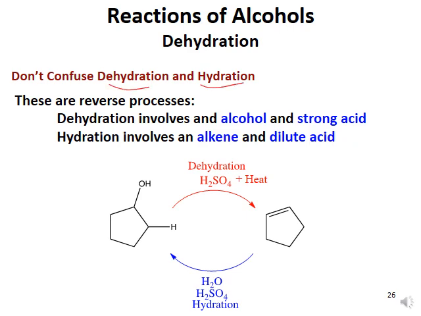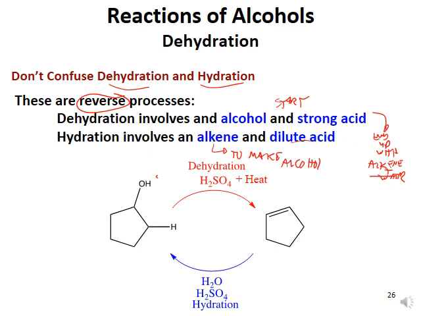Dehydration and hydration are just reverse processes. When we have dehydration, you start with the alcohol and end up with an alkene plus water. And hydration takes the alkene and with the dilute acid adds water on to make an alcohol.